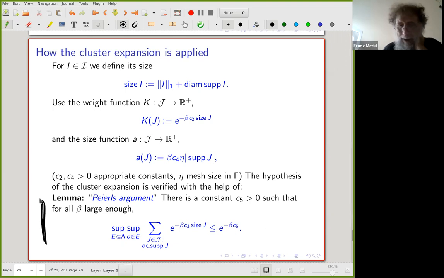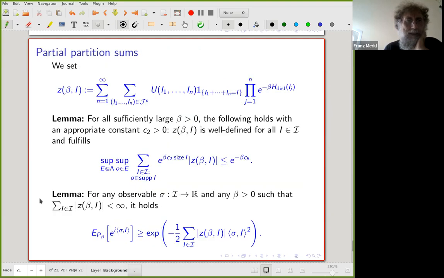I was explaining too slowly, so I cannot go into this Peierls argument anymore. So we check this assumption of the convergence of the cluster expansion, and at the very end, it allows us to give our Gaussian lower bound I mentioned before.